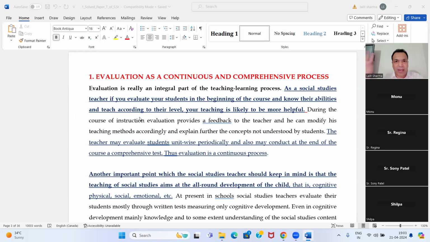Okay, irrespective of any subject, teaching of SST, teaching of math, teaching of science. So evaluation is really an integral part of the teaching learning process.